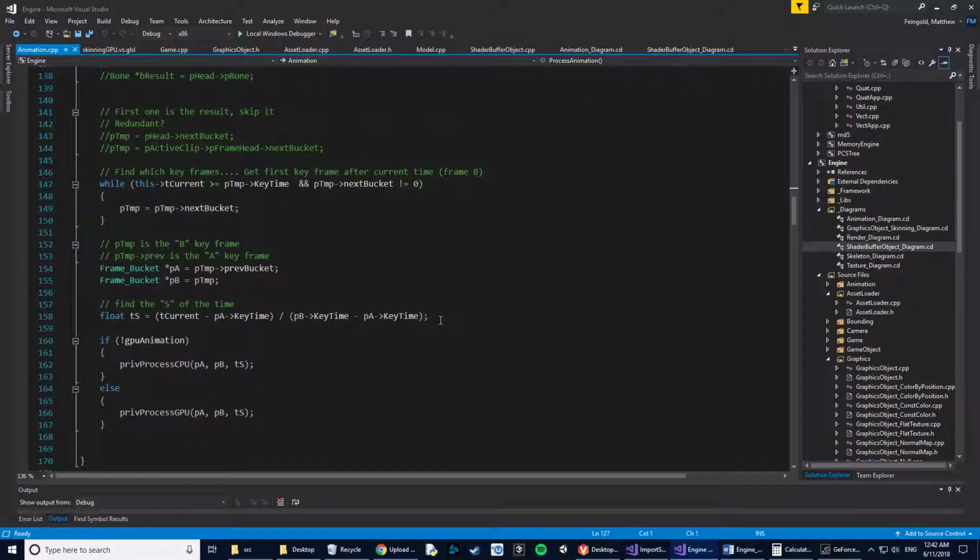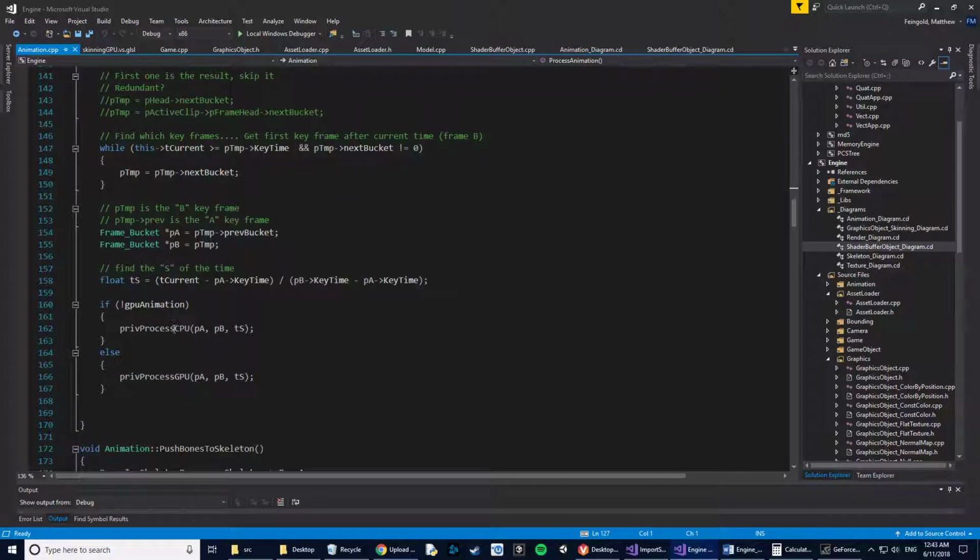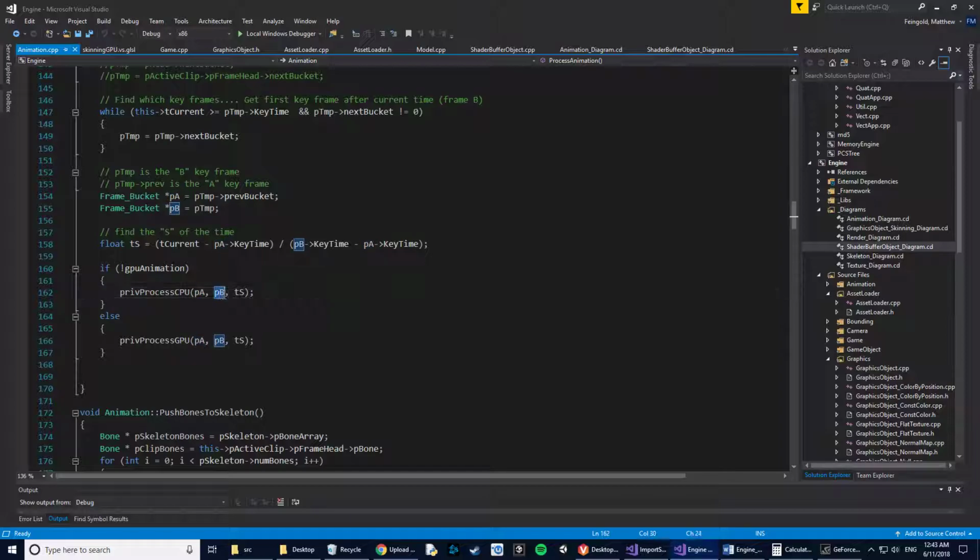having every thread looping. I think it's a waste. I'd rather just do it once on the CPU. So I do that once, and then I pass the keyframe data and the interpolation factor to either the CPU or the GPU function.